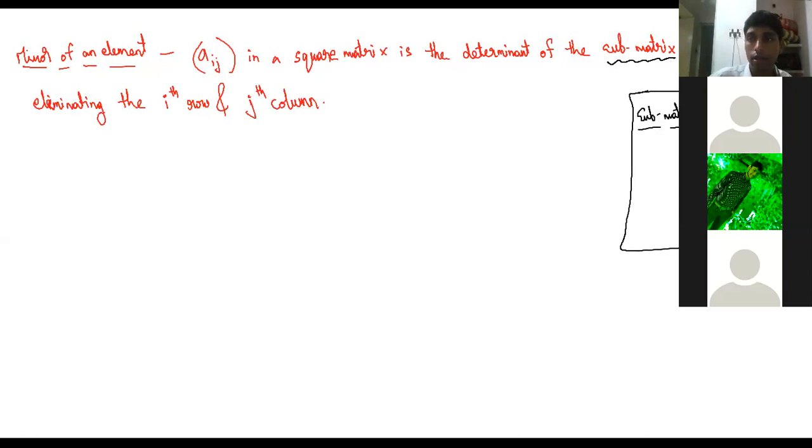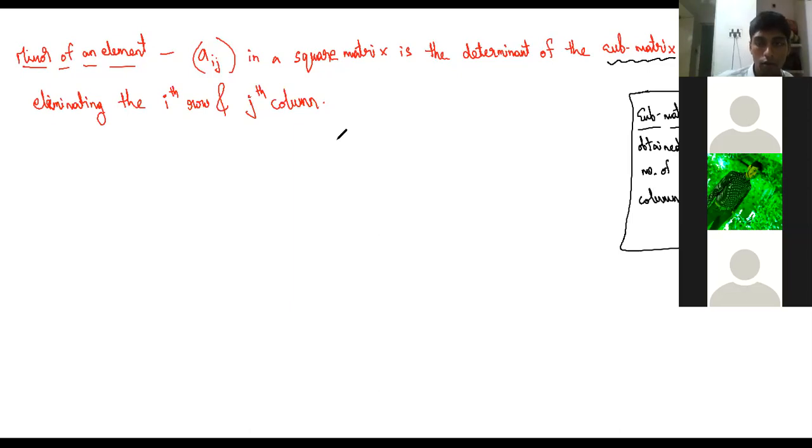A submatrix is a matrix obtained on eliminating any row, or any number of rows, or any number of columns.